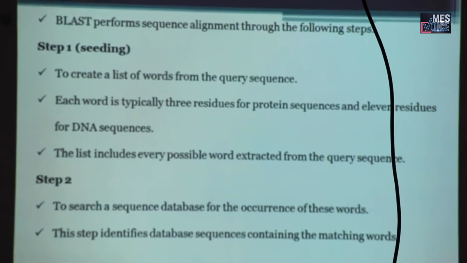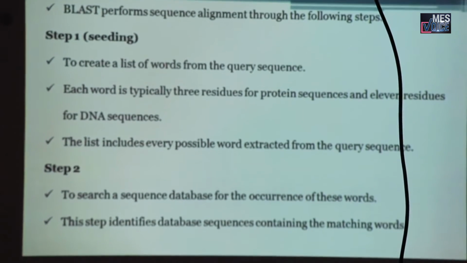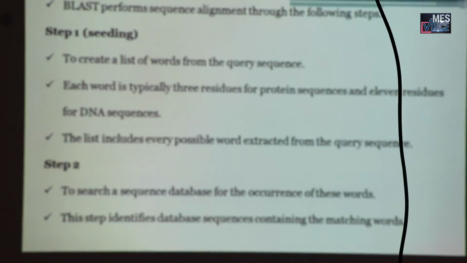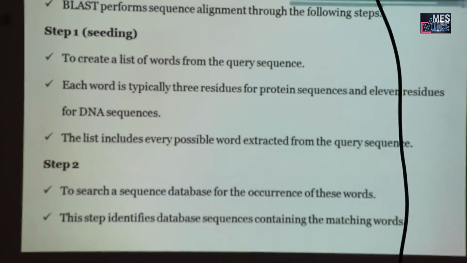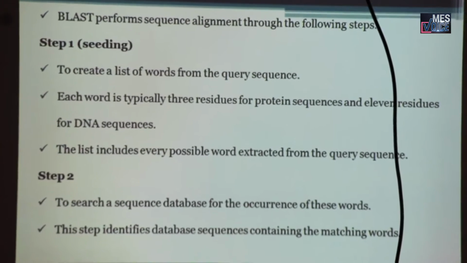Then these are the basic steps. I think we can go through the system also. We can do it simultaneously with the system. I think you have the BLAST sequence in FASTA format which we downloaded yesterday.